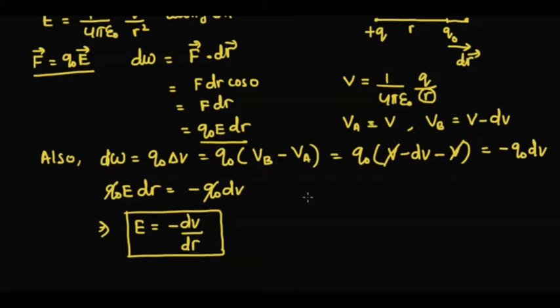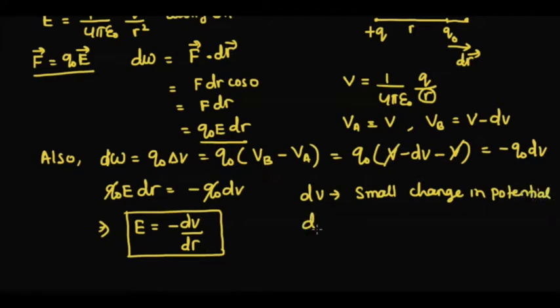So students, tell me what is the meaning of dV? dV means the small change in potential. And what is dr? dr is the small change in position. Is that clear?